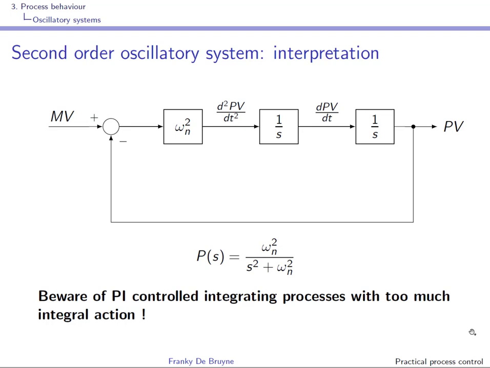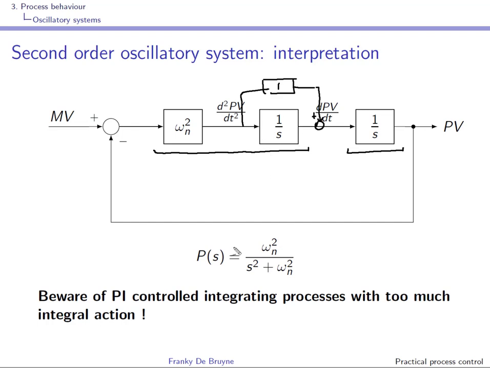So here, the integrating process will be this 1 over S, and the PI controller will be this part over here. Of course, in reality, there is also a proportional part that is added, right? So you would have something like this added. This would then be the proportional part, this the integral part, right?